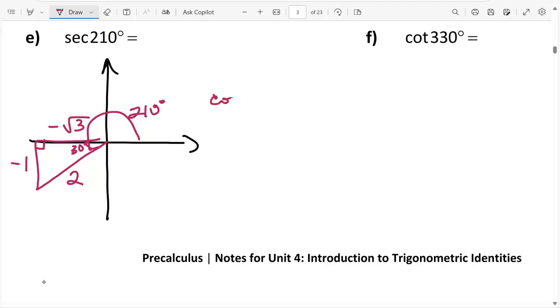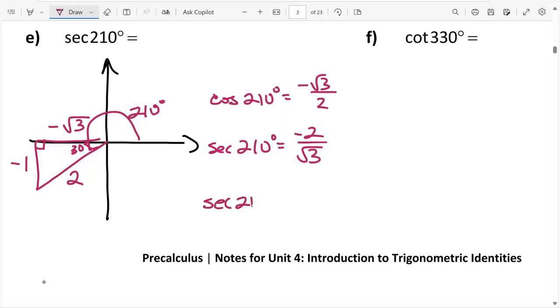Secant is the reciprocal of cosine, so cosine of 210 is adjacent over hypotenuse. And secant of 210 is the reciprocal of that number, which is -2 over the square root of 3. Now we just have to do one more thing, and that is to rationalize the denominator of that result, so -2 times the square root of 3 over 3.